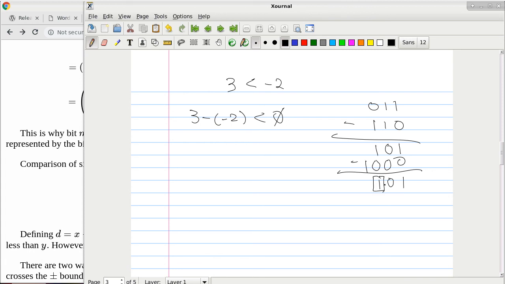So if you only rely on the sign bit of the difference, this would tell you that 3 is, in fact, less than -2. But it's not the case. Why is this not working? We know it's not working, but why? Because 5 is not on the number wheel either. But then someone's going to say, but 5 was on the number wheel.